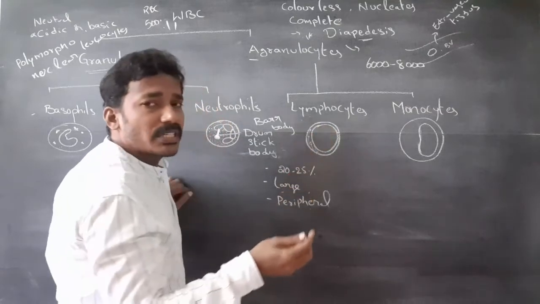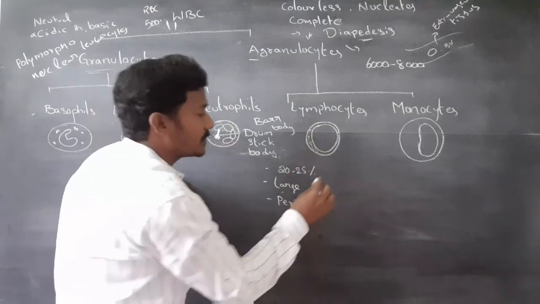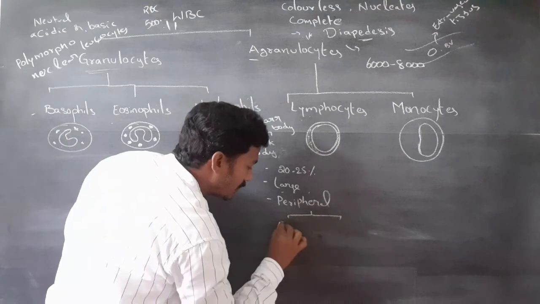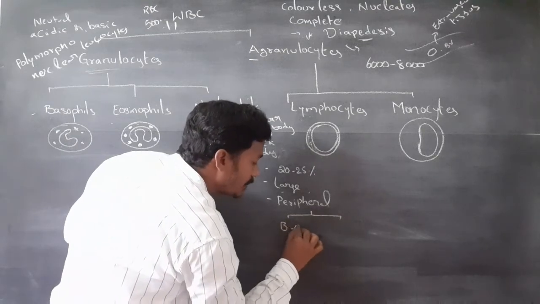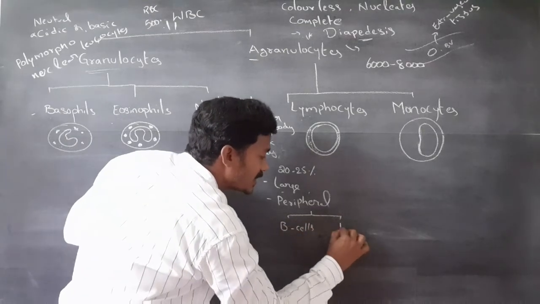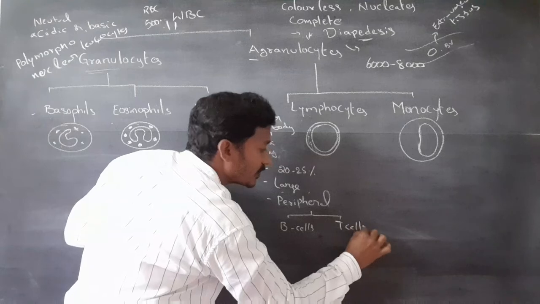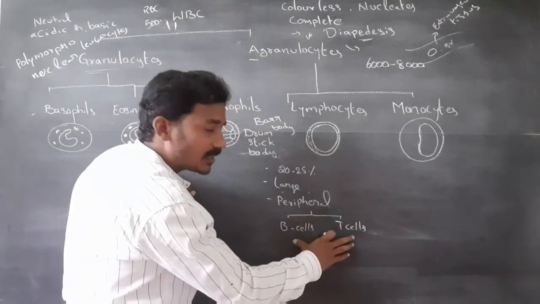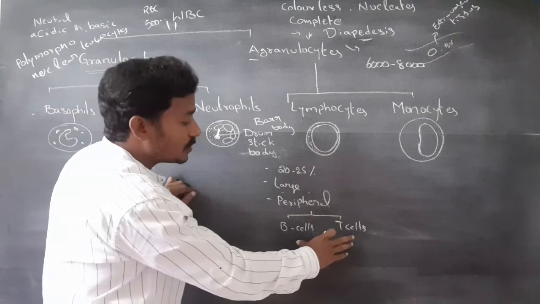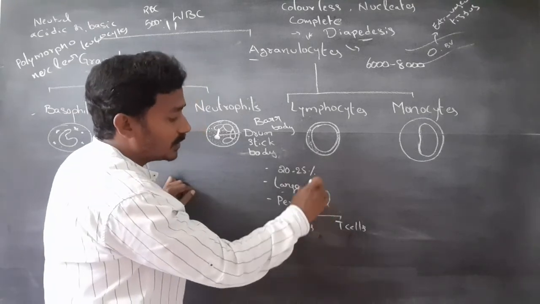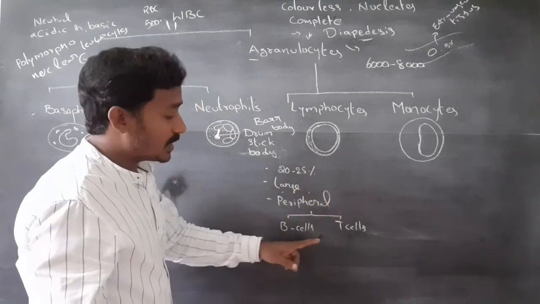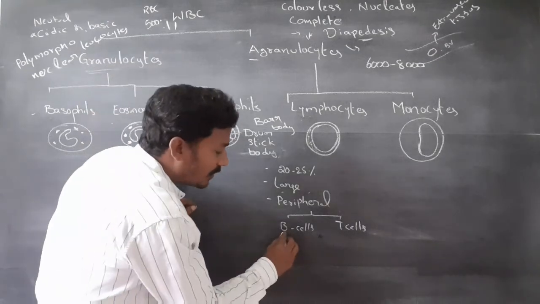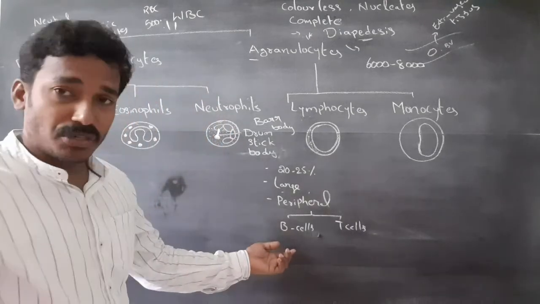Functionally, lymphocytes are divided into two types, B lymphocytes (B cells) and T cells. These two cells are derived from bone marrow, but they differ in maturation.